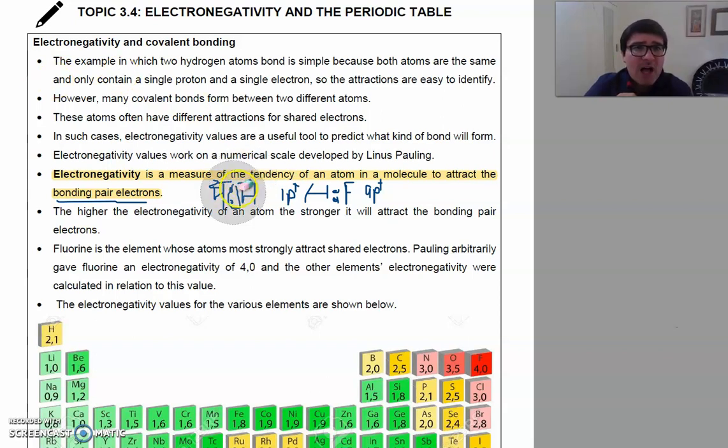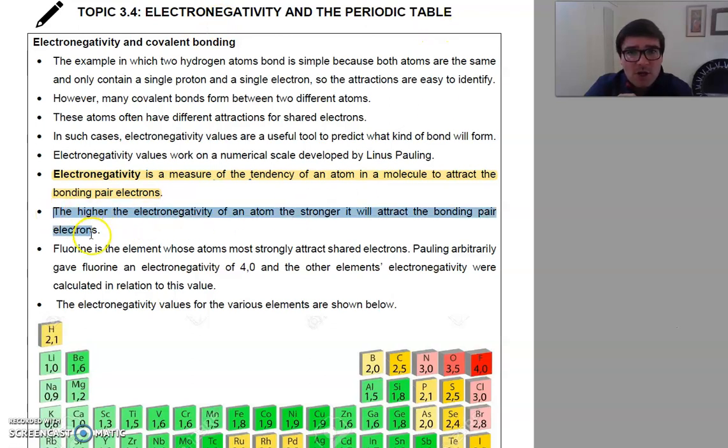If atoms have higher electronegativity values, they will attract bonding pair electrons more strongly. And in the case of Pauling's scale, fluorine has the greatest electronegativity, with a value of 4.0 assigned to it. All other elements' electronegativities were calculated in relation to this value.